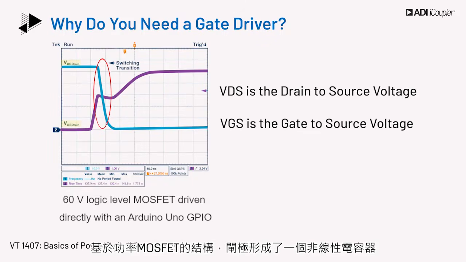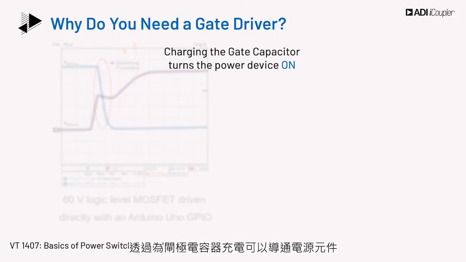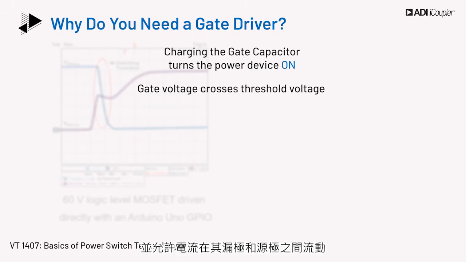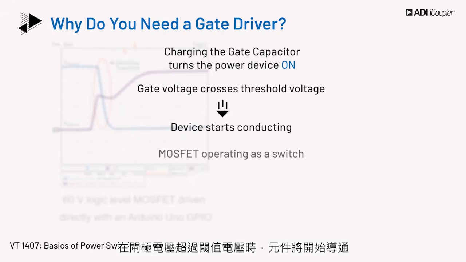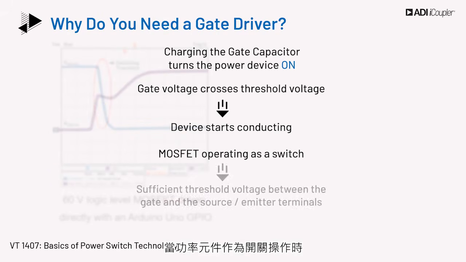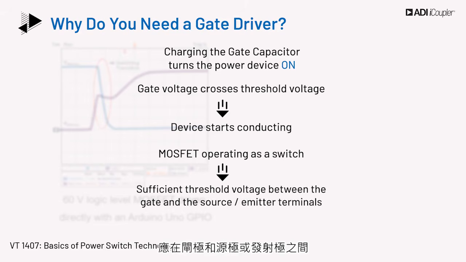The structure of the power MOSFET is such that the gate forms a nonlinear capacitor. Charging the gate capacitor turns the power device on. The device will start conducting when the gate voltage crosses the threshold voltage. When operating the power device as a switch, voltage sufficiently larger than the threshold voltage should be applied between the gate and source or emitter terminals.